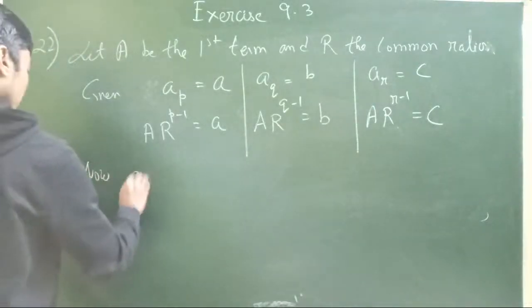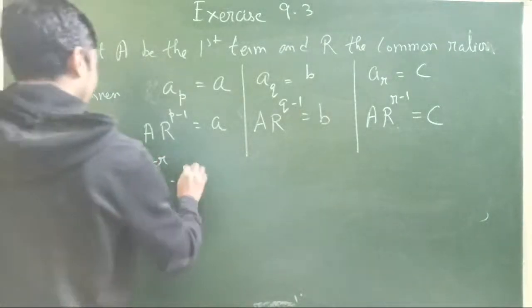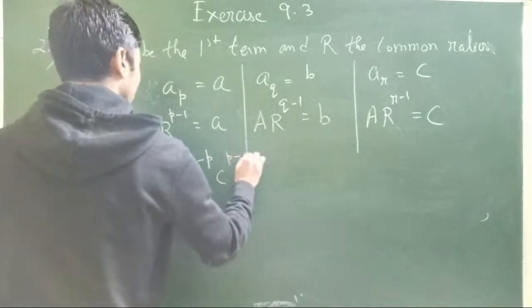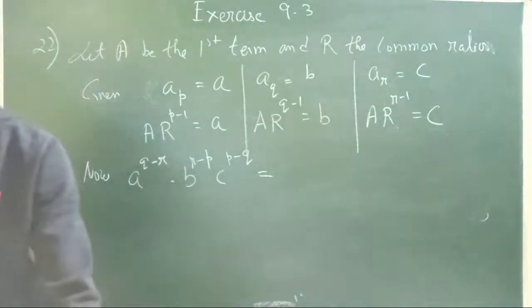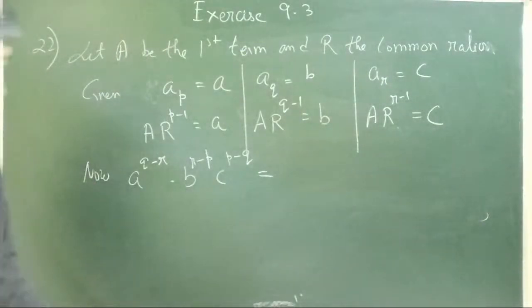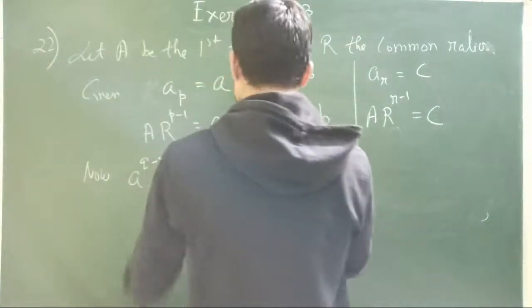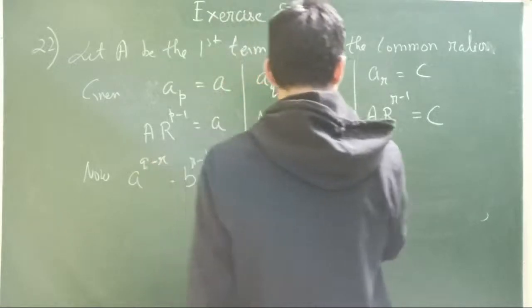Now we're supposed to prove that a^(q-r) into b^(r-p) into c^(p-q) is equal to 1. Let's try to solve this, and we are supposed to find the value to be 1. The a value I can use from the given condition, that is A r^(p-1), to the power q minus r.